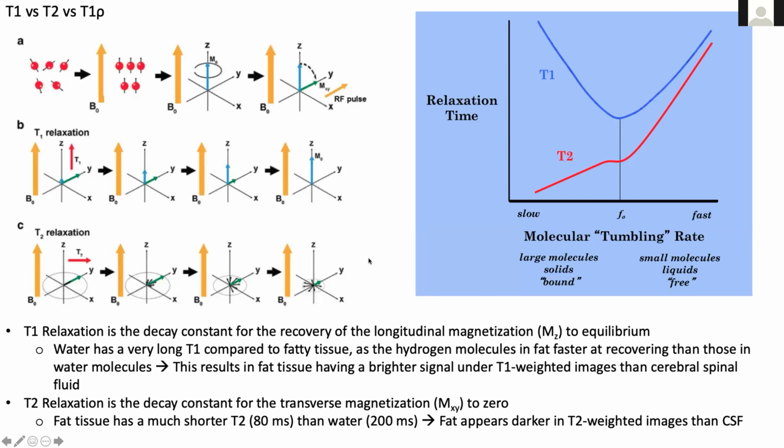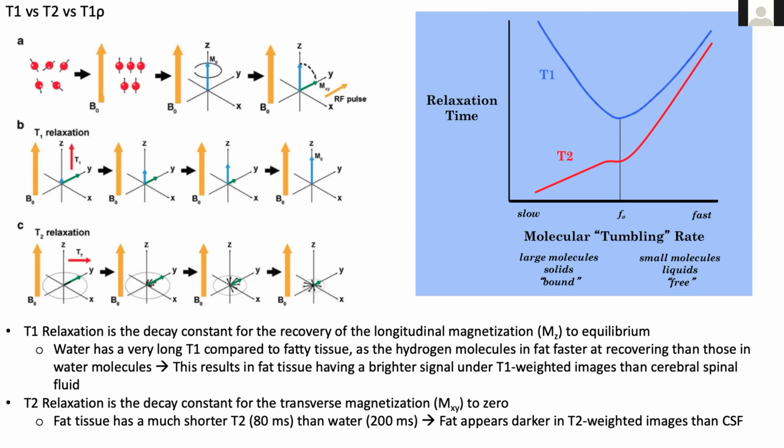Next, to distinguish T1, T2, and T1 rho. In the image on the left, we see T1 relaxation is based on the restoration of the longitudinal magnetization on the Z-axis, where the magnetization is shifted to the Y-axis, and the time it takes to restore back to the Z-axis is the T1. T1 is very long in water, for example, and very fast in fat tissues.